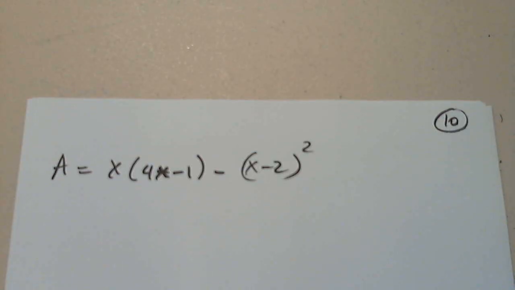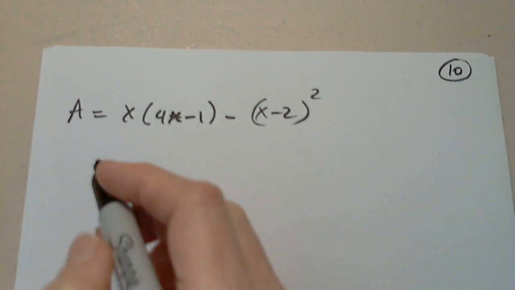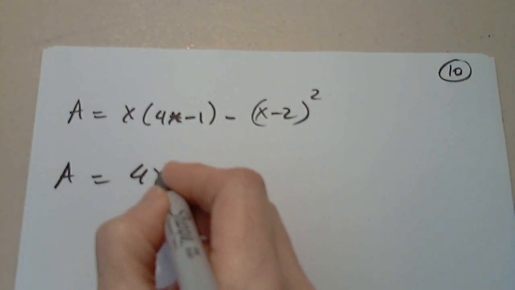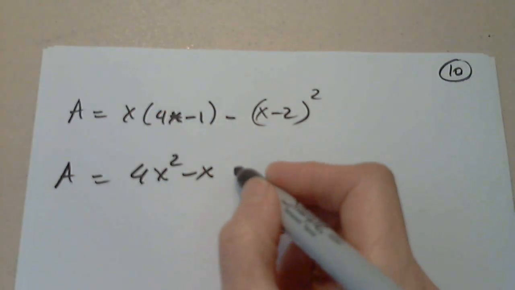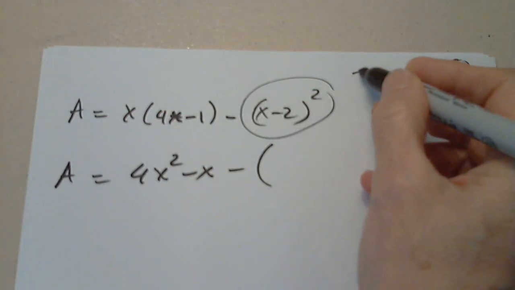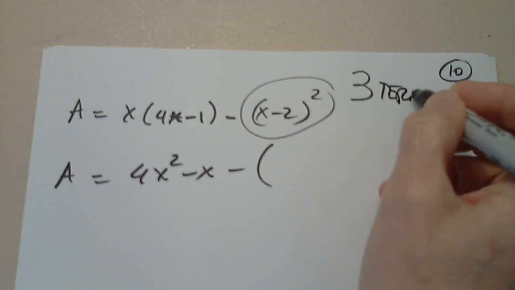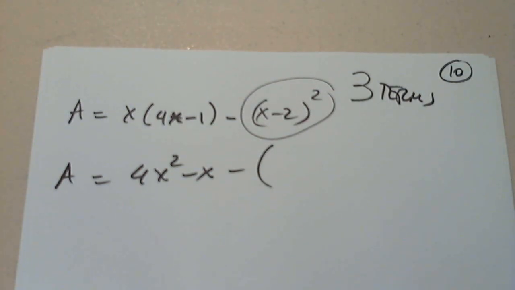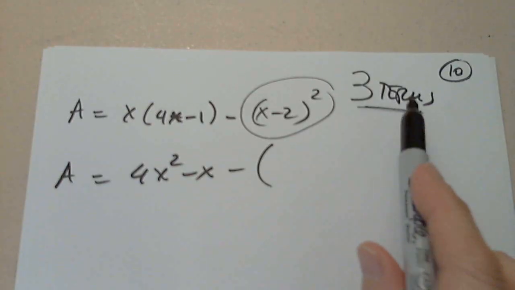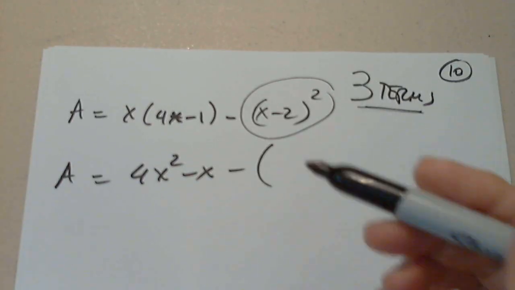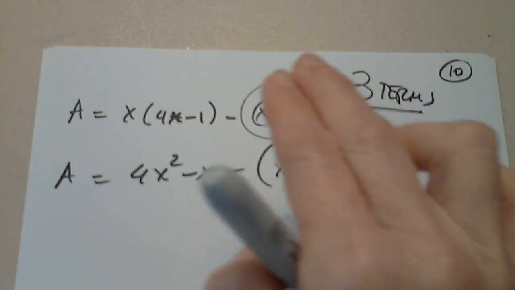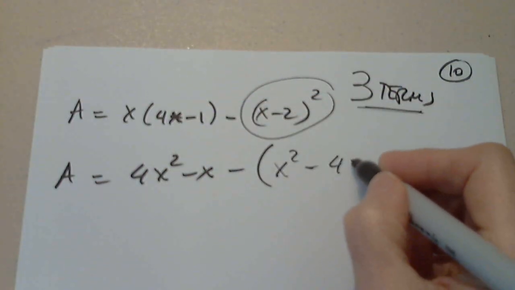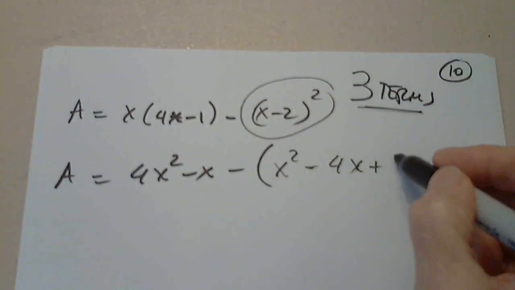So let's look at this for a moment. So here we have 4x squared minus x, because I have to distribute minus. This is 3 terms. If you only write x squared minus 4, that would be a terrible mistake. We've been discussing this for 2 months already. The first term squared minus 2 times the first times the second plus the second term squared.